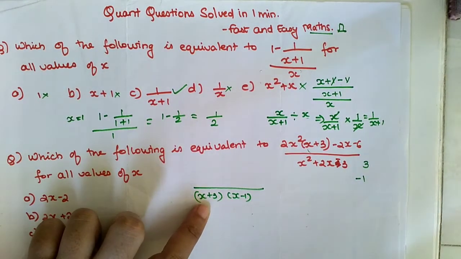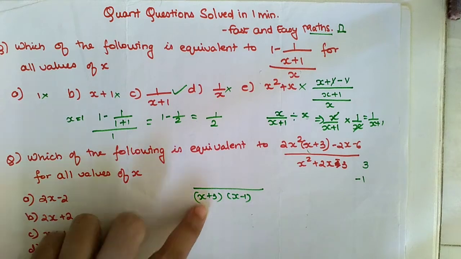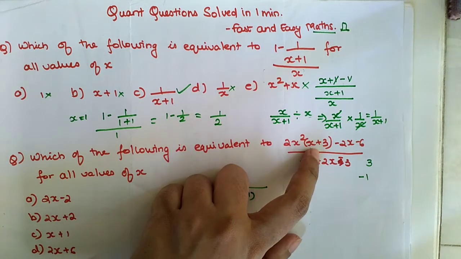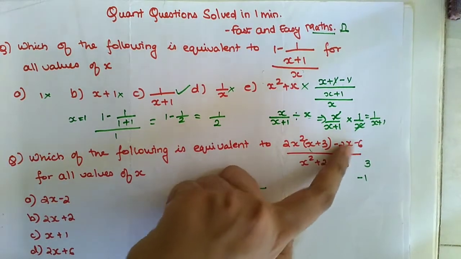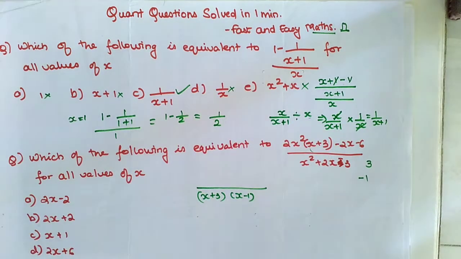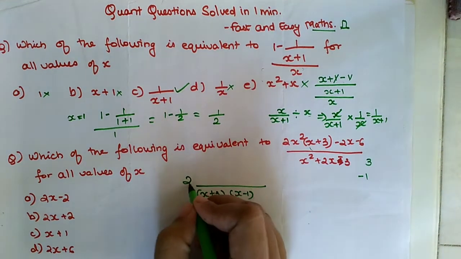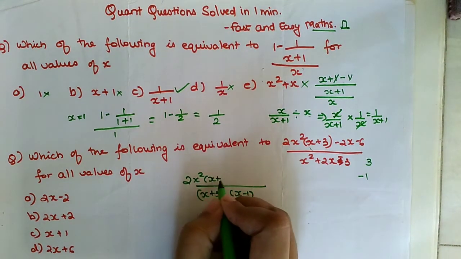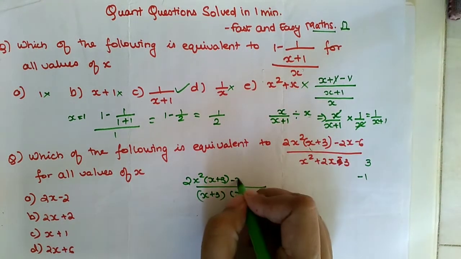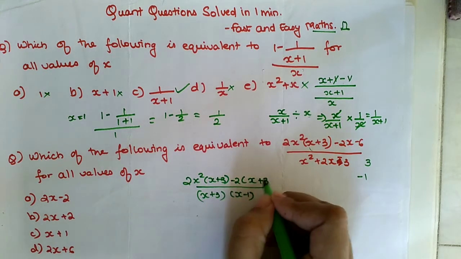Now, as we can see, in the denominator we have x plus 3 and in the numerator also we have x plus 3. So let's see whether we can take x plus 3 out over here also. We can, right? If we take negative 2 out, I'm left with just x plus 3. So 2x square times x plus 3, and then I take a negative 2 out, so I'm left with x plus 3.